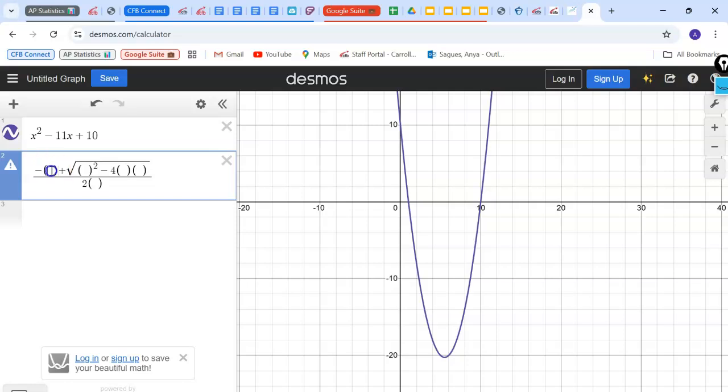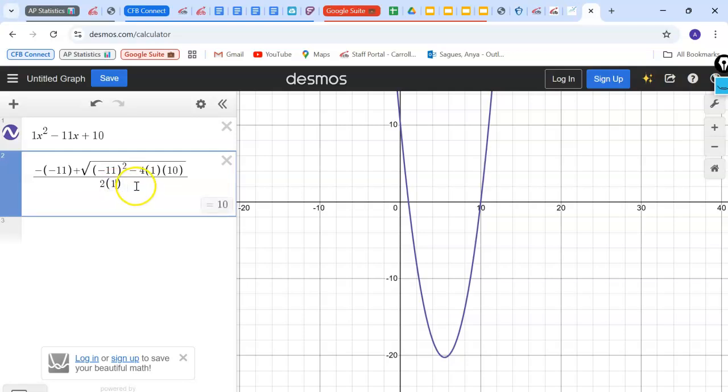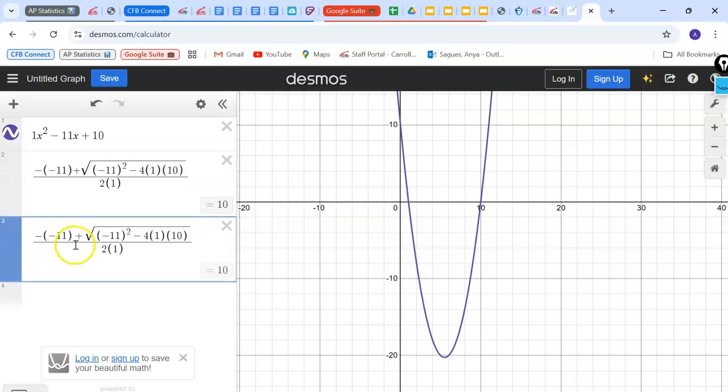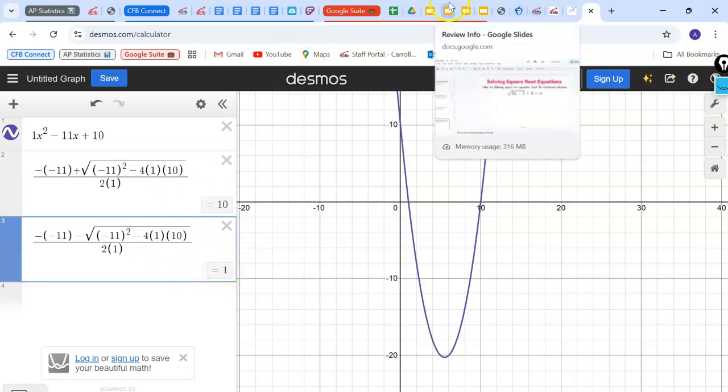So b is negative 11, so I'm going to put a negative 11 here. I'm going to put a negative 11 here. A is 1 because I don't see a number in front, so I just assume that that's a 1. C is 10. And then A is 1. So that gives me one of my answers, and then for the other one I change this to a minus. So it's 3 different ways that you can figure out what your solutions are.